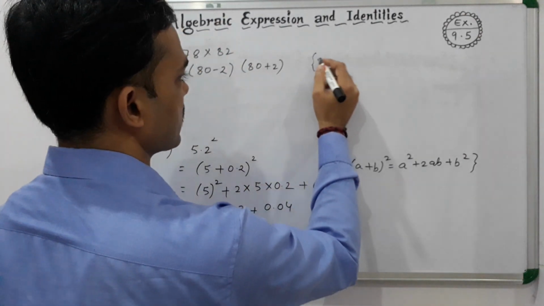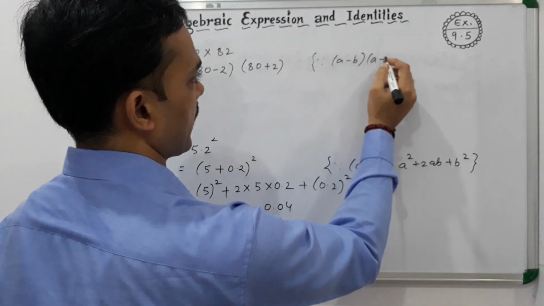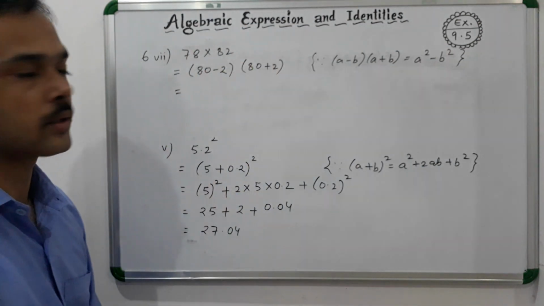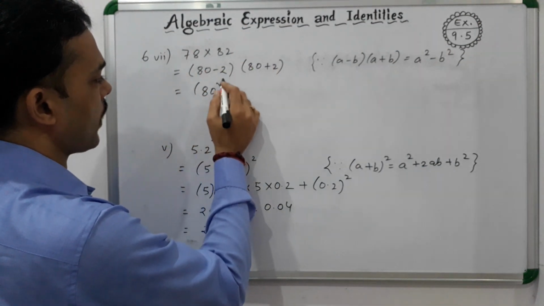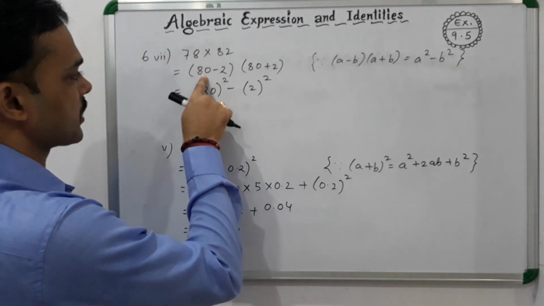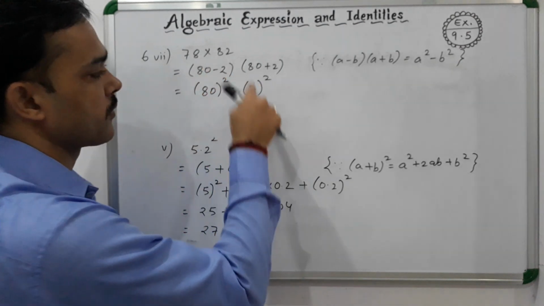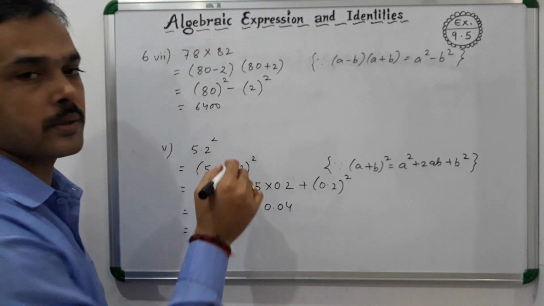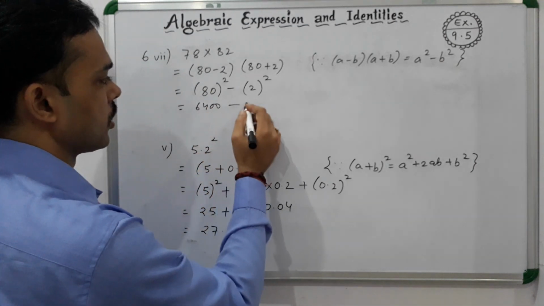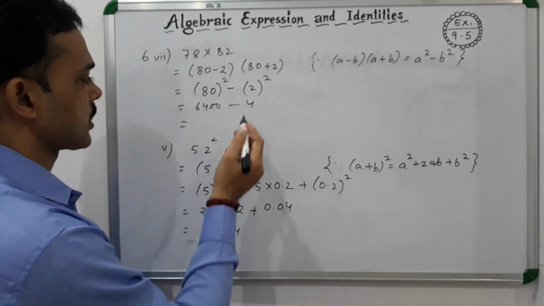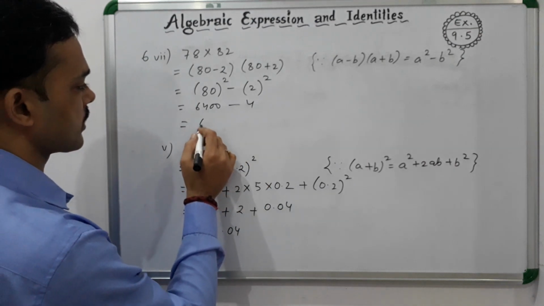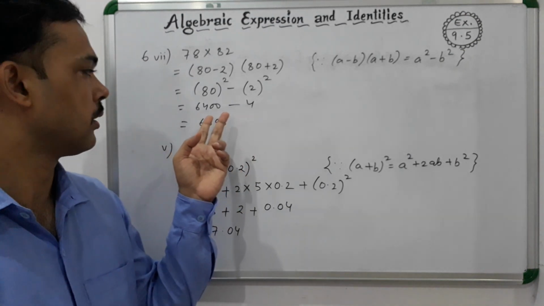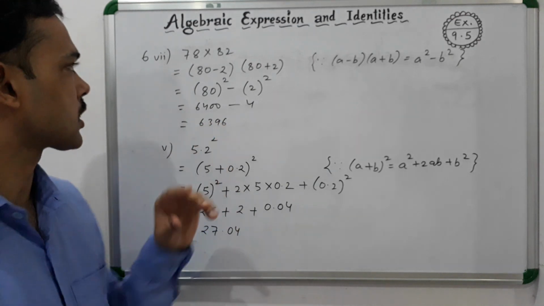Since a minus b into a plus b equals a square minus b square, we will do 80 square minus 2 square, because at place of a we have 80, at place of b we have 2. 8 into 8 is 64, so 80 into 80 will be 6400, minus 2 into 2 which is 4. 6400 minus 4 will be 6396, because when you subtract 4 from 400 you get 396. So this will be your answer.